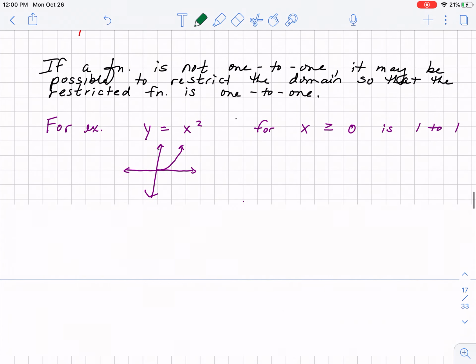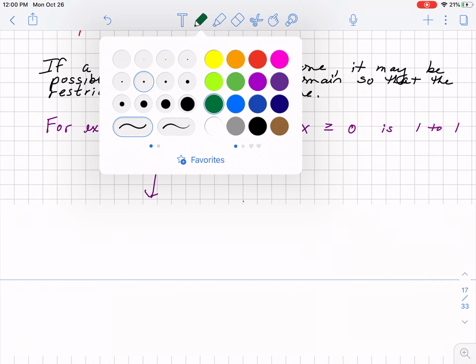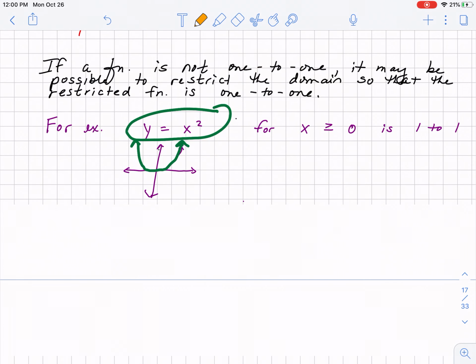As opposed to this. Here's the graph y equals x squared. It is not one-to-one, because when I plugged in -1, I got an answer of 1. When I plugged in +1, I also got an answer of 1. It doesn't pass the horizontal line test when it's not a one-to-one function, okay?